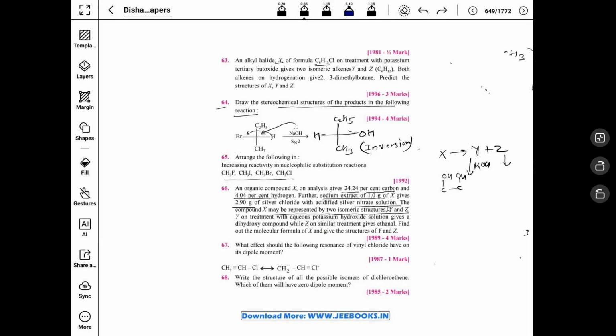So Z is giving CH3CHO. Find out the molecular formula of X and give the structures of Y and Z.